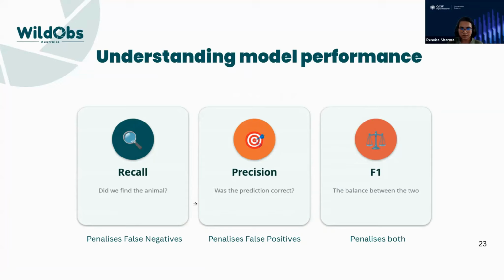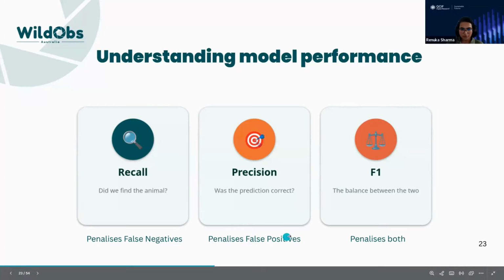You have recall, precision, and F1 score. Recall starts from the ground truths that you have. Let's say you have 5 cat images, you start from there and see how many of those your model is able to identify. And it highly penalizes false negatives. Precision assesses the credibility of the model, how accurately the classifier has performed on the basis of the test data that you have provided it, and it penalizes false positives.